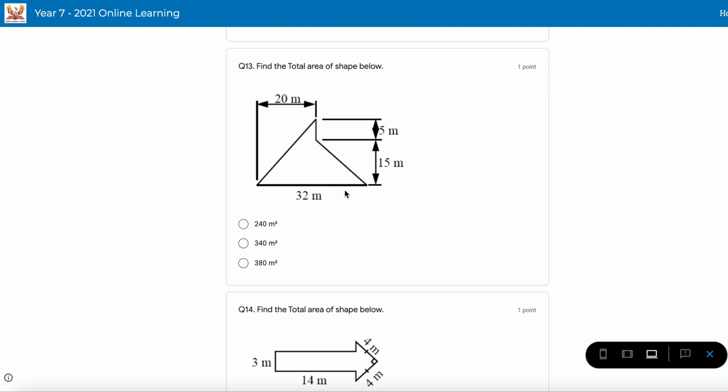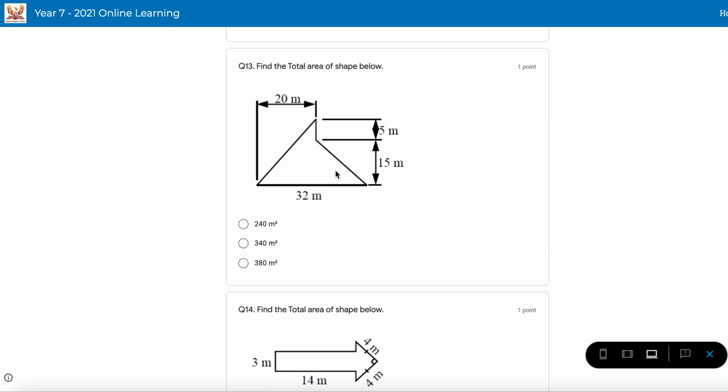So in order to find the area, I need my base. I also need my height. So the height of this small triangle, well, that's quite easy. That's just from this point here, the top of the triangle, down to the base. And that's already labeled here as 15 meters. We know that from the top of this triangle down to the base is just 15 meters. So we've got our base, 12 meters. We've got our height, 15 meters.